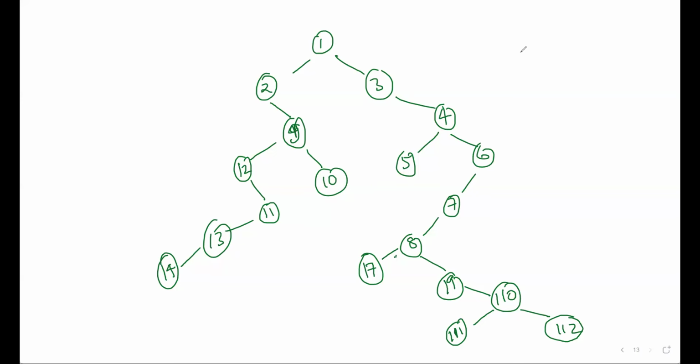Okay, Tanaya has written 1, 2, 12, 14, 3, 4, 6, 1, 1, 2. Is she correct?